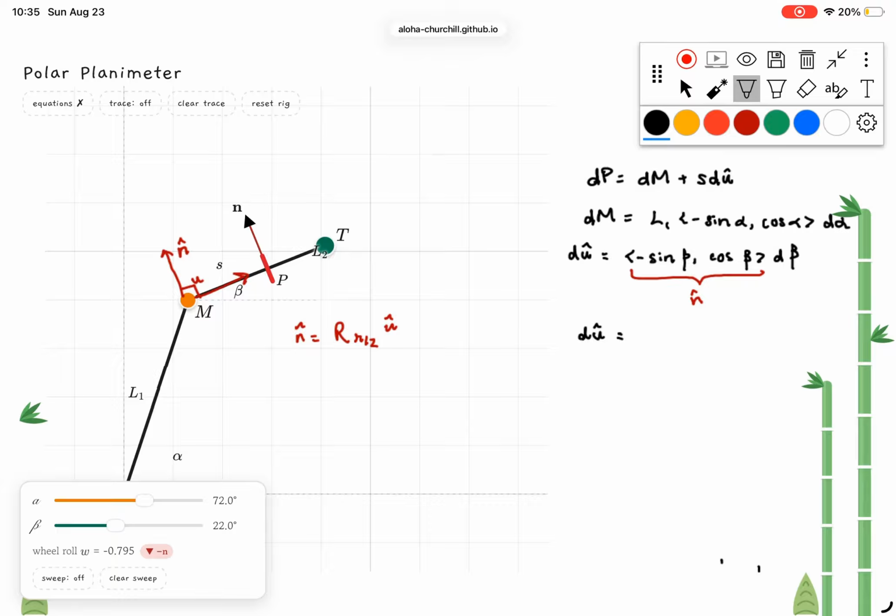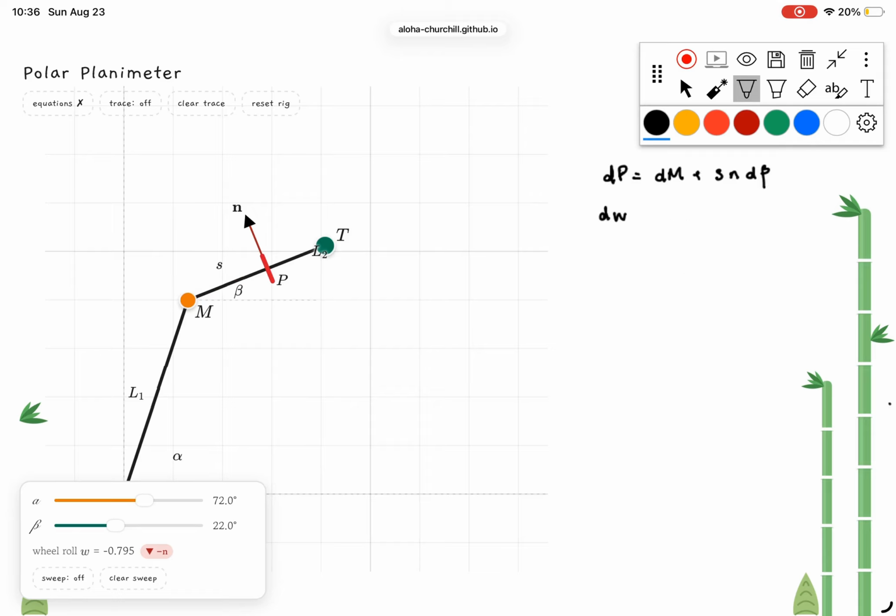So we can simplify and say dU equals n times d beta, and then finally plugging this back into dP, we have dM plus this little term S n d beta. And we're going to go ahead and write that on the top again, just so we have some more space to work out the next steps.